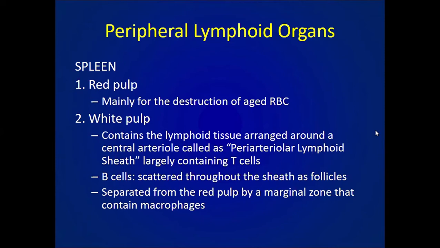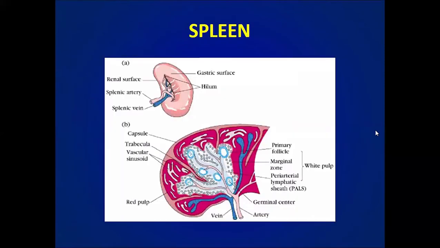So that is the relative distribution of the T and B cells in the white pulp together with the macrophages. Okay, so this is your spleen again. Figure A represents the gross appearance of the spleen, and picture B illustrates the cross section cut of the spleen.